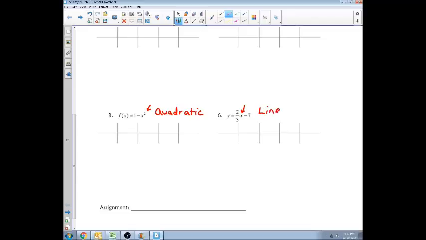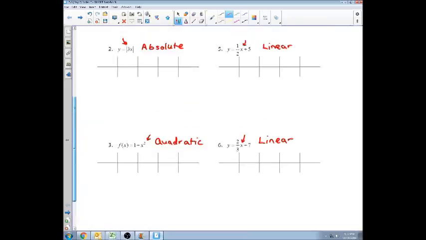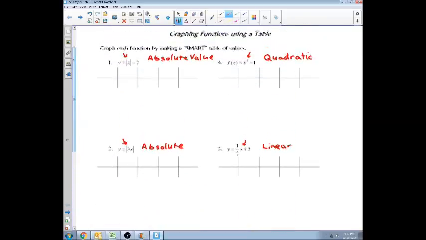Okay? Now, let's talk about what each one of these graphs should look like. When I have an absolute value, it's going to look like a V. When I get done, it should look just like a V, and you'll see that here in 1 second.